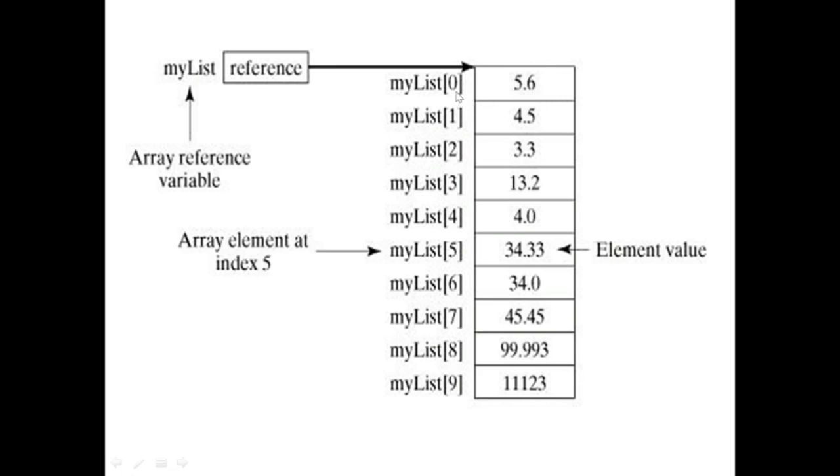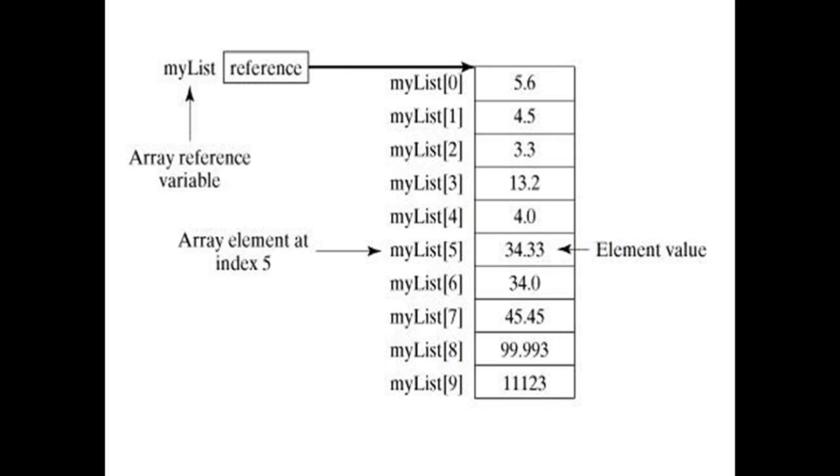So for an array of length 10 like this, you can see on your screens, the index will start from 0 and end at 9. So the last element has an index equal to the length of the array minus 1. Keep that in mind.